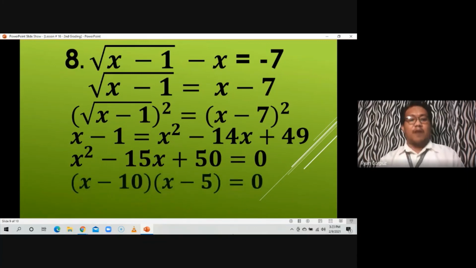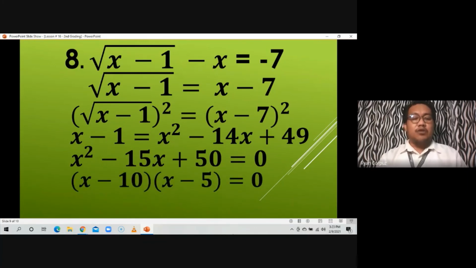That's why ang tamang factors natin ay x minus 10 times x minus 5 is equal to 0. Then equating both factors to 0 with the application of the zero product property. So makakakuha tayo ng sagot na x is equal to 10 and x is equal to 5.